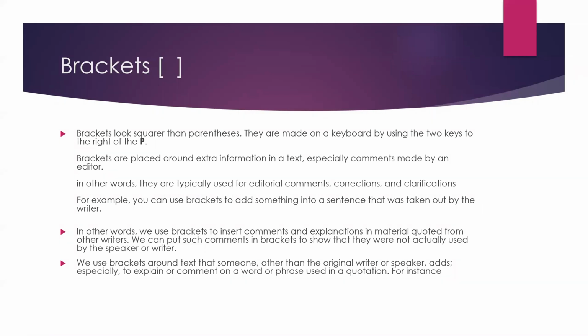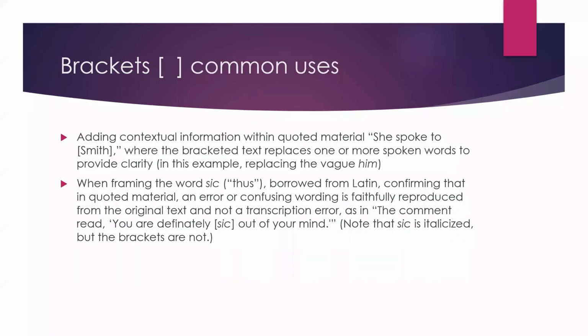You need to use the square brackets to clarify that you're just adding something to the comments of the original writer. Comments can be explanations, adding further information, especially in vague texts. So again, you're adding contextual information with quoted material.